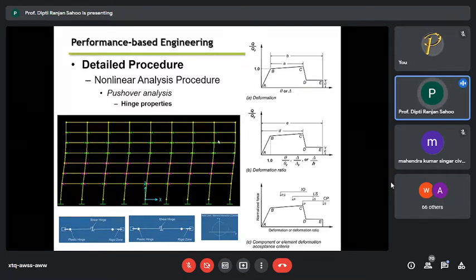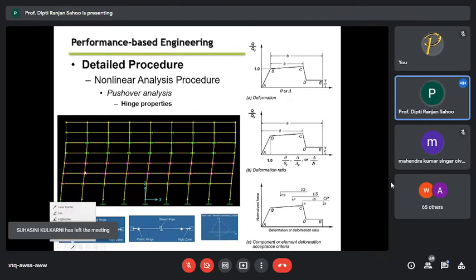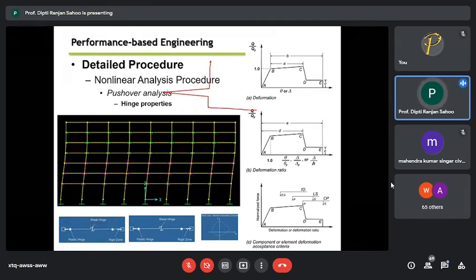You will see that there will be a linear curve and then followed by something else. If you try to do a test, you will see that it is linear, and then probably it will go like this. If the same beam actually fails in shear, what you will see is that it will just keep on increasing and suddenly fail.